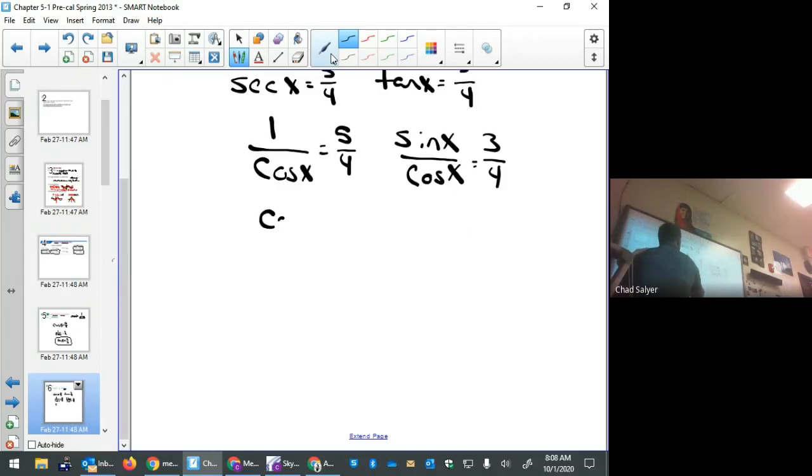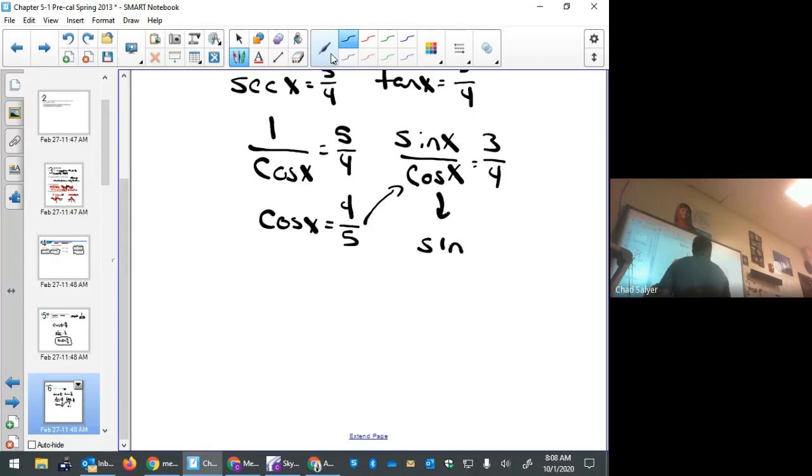So once again, reciprocate both sides. And then we'll plug it in here. So we get the sine of X over 4/5 equals 3/4.